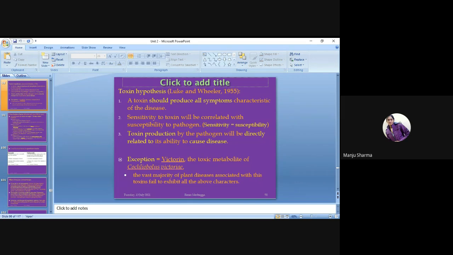So toxin production by the pathogen will be directly related to its ability to cause the disease. An exception is Victorin, the toxic metabolite of Cochliobolus victoriae. The vast majority of plant diseases associated with toxins fail to exhibit all the above characters.